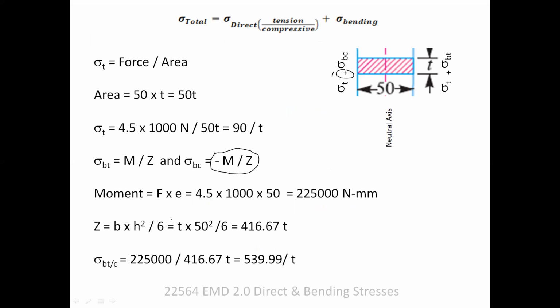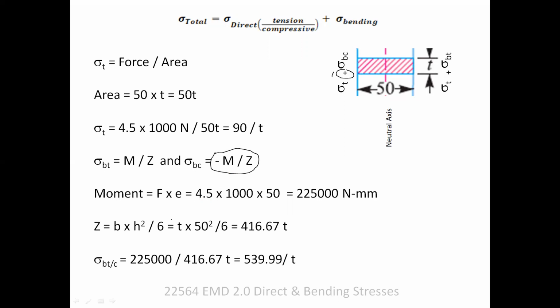Now, because the section modulus is required, the neutral axis is vertical. So base B is T and height is 50. So Z, which is equal to T multiplied by 50 square divided by 6, becomes the section modulus. Whenever we take the neutral axis, you must consider that the perpendicular dimension of that cross section is always the depth.